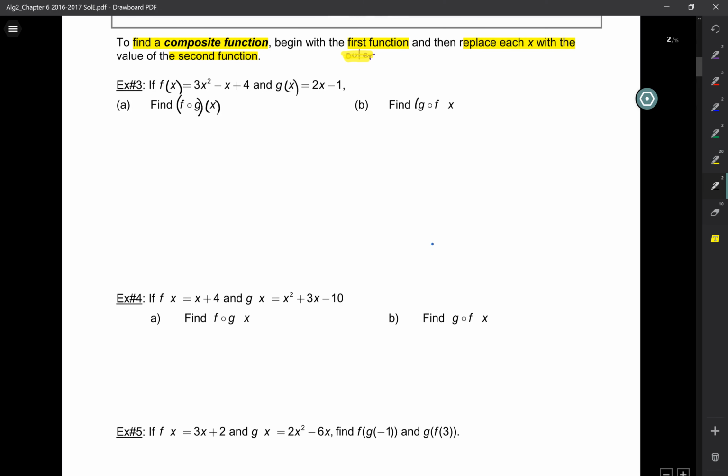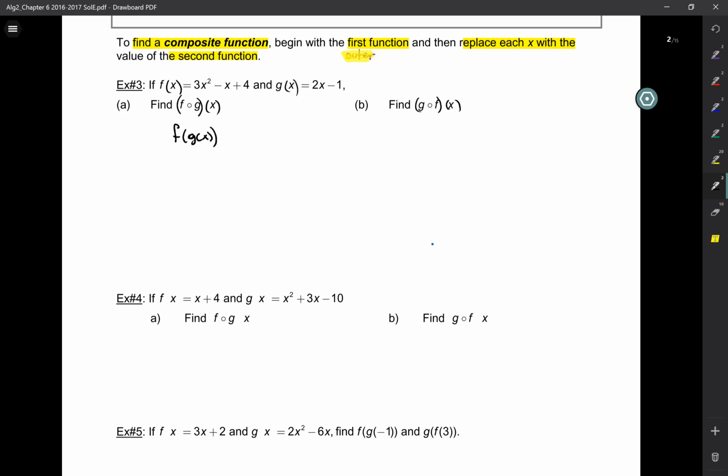Okay, there is another way I can write this. I can write it like this, f of g of x. Okay? So, to make a composite function, you just multiply f times g.